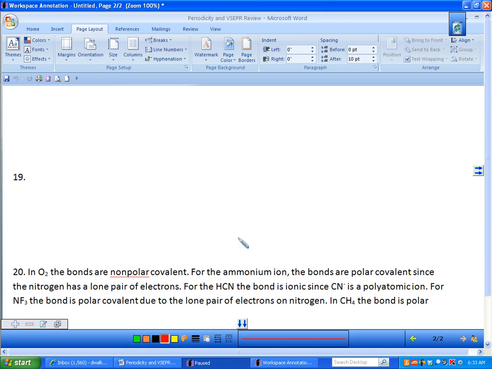The next one is BF3. So boron has 3 electrons, and then I have 3 fluorines, each with 7. So that's 21 plus 3 is 24 electrons. So fluorine is one of the ones that does not follow the octet rule.